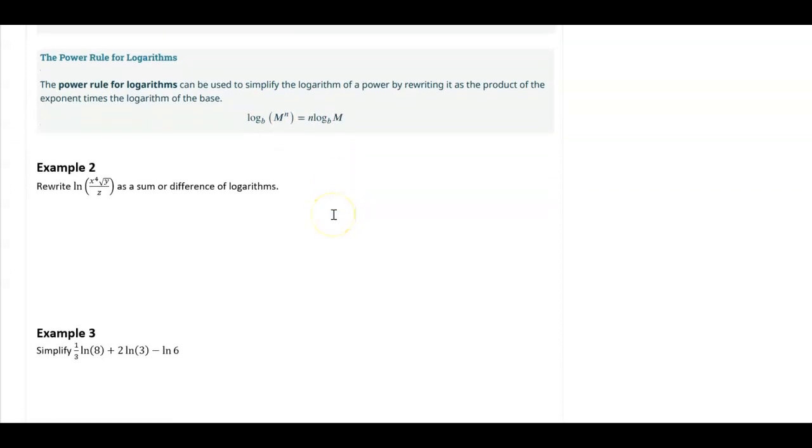So let's use all of those to rewrite this logarithmic piece as the sum or difference of multiple logs. The first thing that I'm going to do is notice that x to the fourth and square root of y are multiplied together. So I can rewrite this as the natural log of x to the fourth plus the natural log of square root of y.